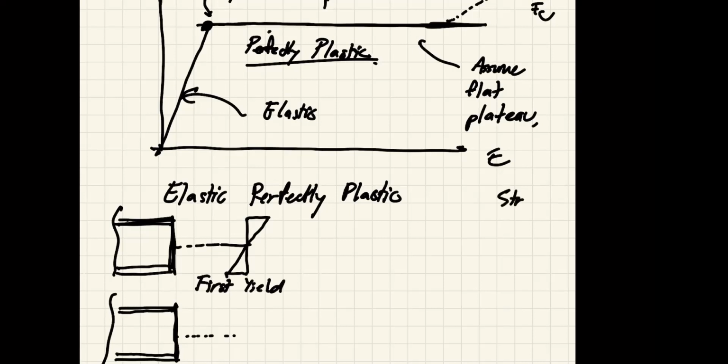Let's say this is the strain, and let's say this is your stress. So when the first yield is reached, it means that your strain here is, let's change the color a little bit, epsilon y, right? This is exactly where it is.